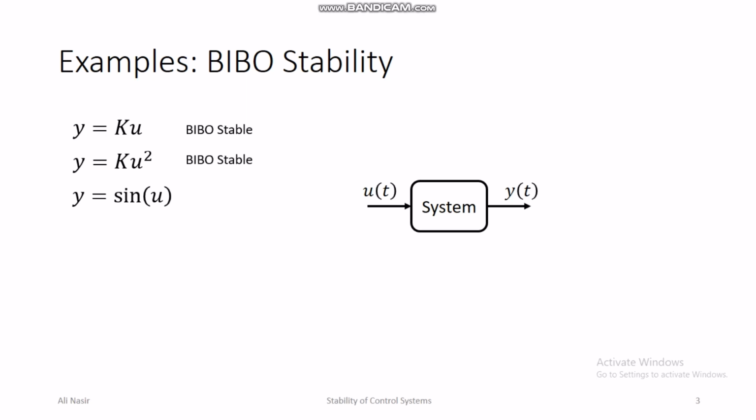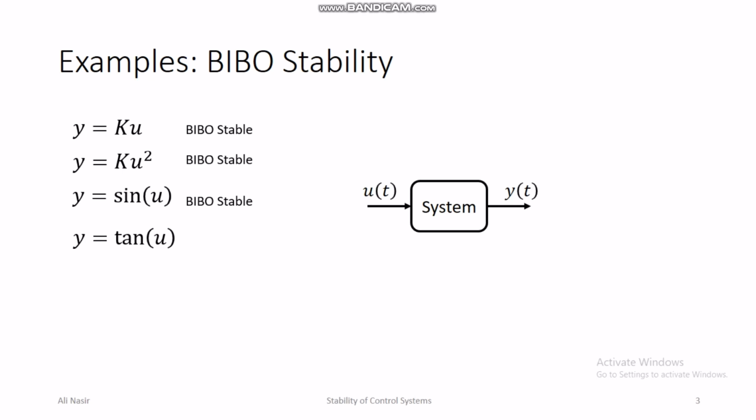Similarly, y is equal to sine of u. We all know that sine of u varies between 1 and -1, so it does not go to infinite value. So for whatever the value of u is, y equal to sine u is a BIBO stable system. Next we look at y is equal to tangent of u. Now this is a special system because tangent of u becomes infinite when u is equal to pi by 2.